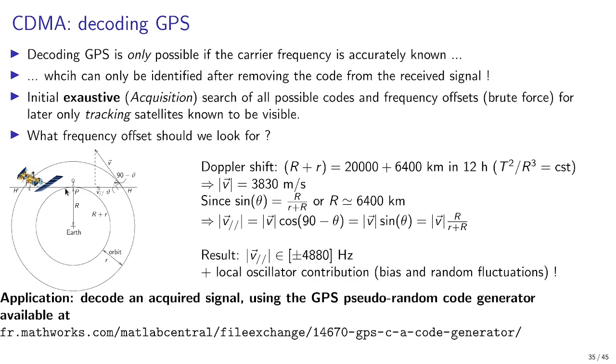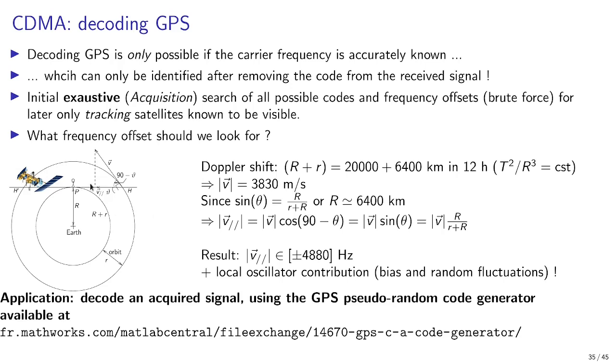However, the projection of the velocity towards the receiver involves a trigonometric analysis where the receiver is assumed to be on the surface of the Earth and the satellite is at a distance from the center of the Earth equal to the radius plus its altitude, so that we get the angle of the projection. The sine of the angle is the radius of the Earth divided by the sum of the altitude of the satellite plus the radius of the Earth.